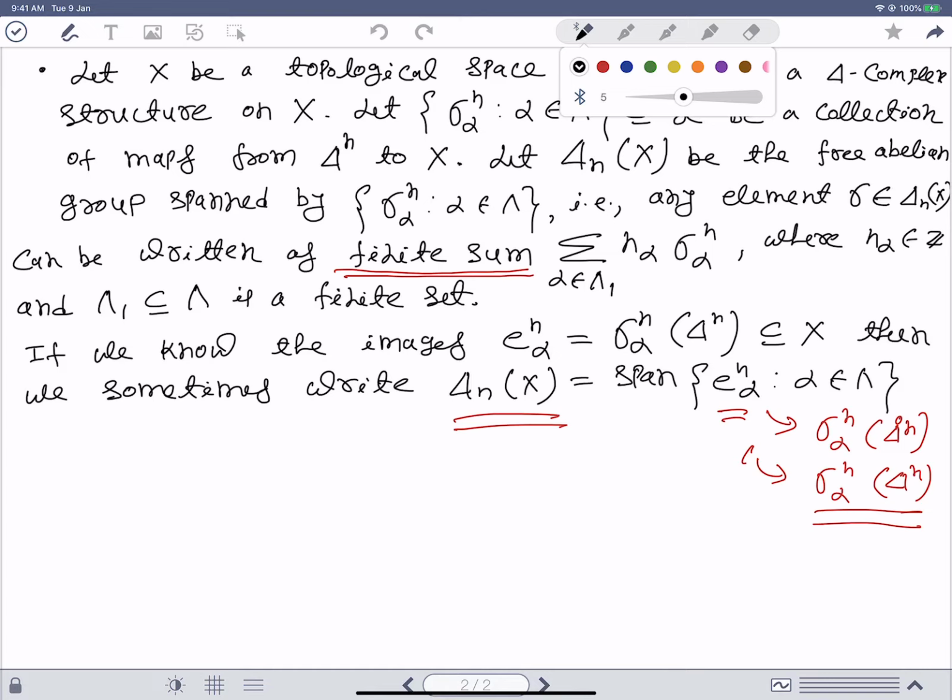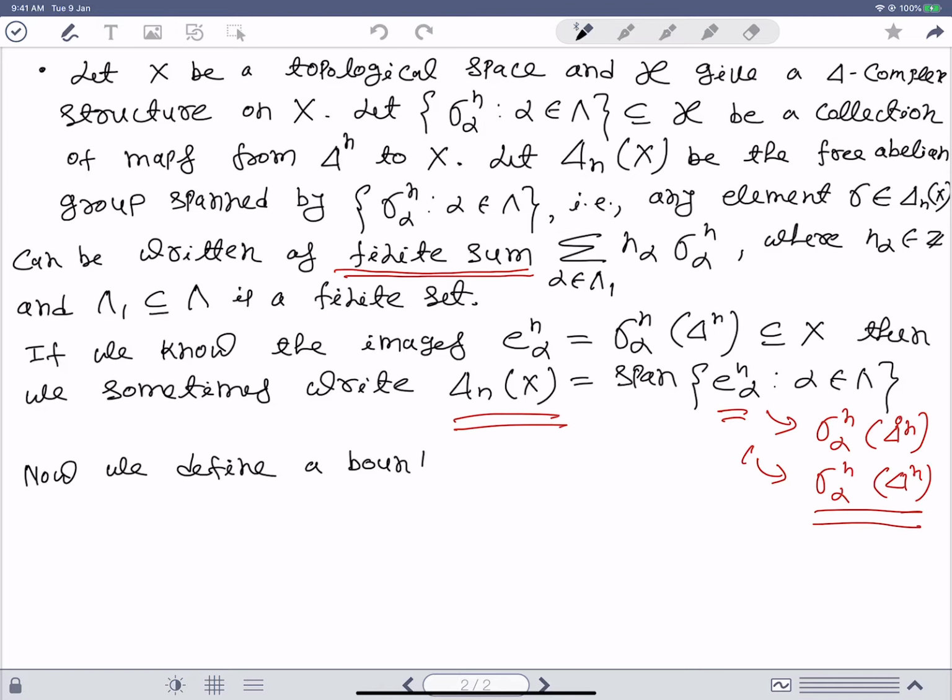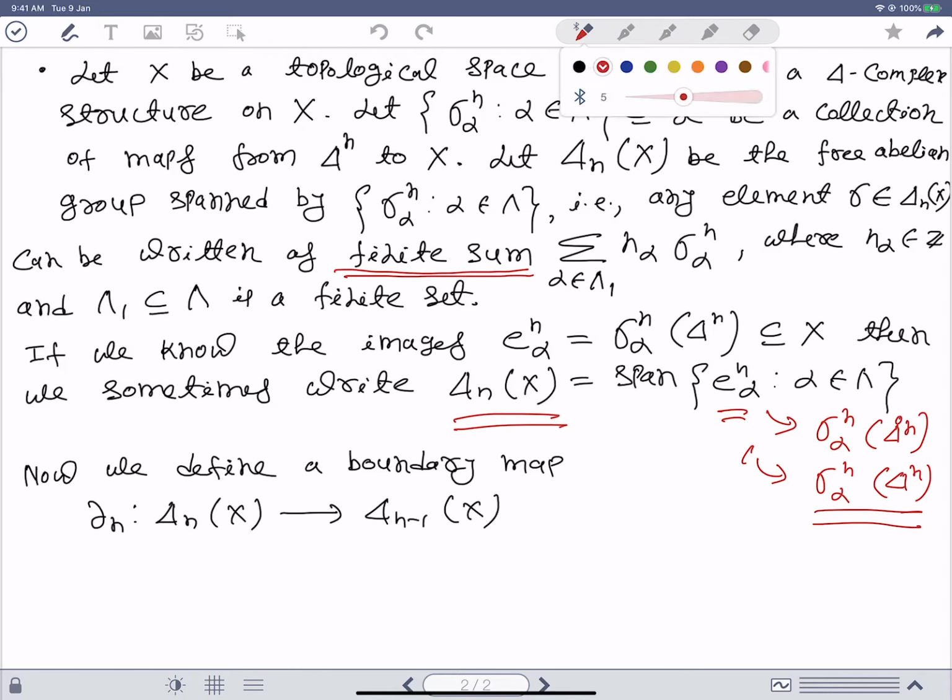Now if you know this Delta_n(X), Delta_{n-1}(X) and all of this, then you can define a boundary map. We define a boundary map, say partial_n from Delta_n(X) to Delta_{n-1}(X). So what is my Delta_n(X)?